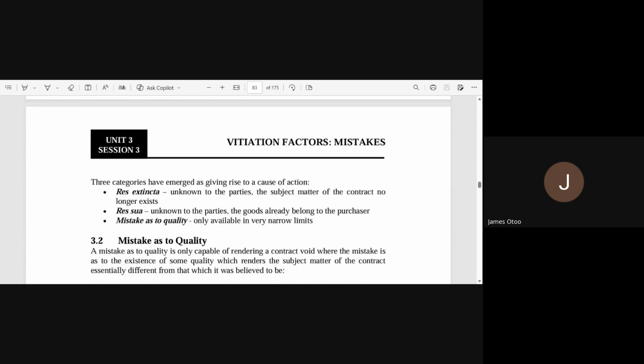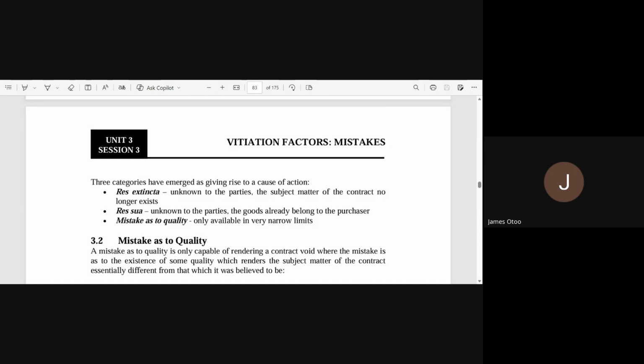You also have what you call res sua. Res sua simply means that the purchaser already owns the item that he has bought. For instance, your father has a lot of mansions.